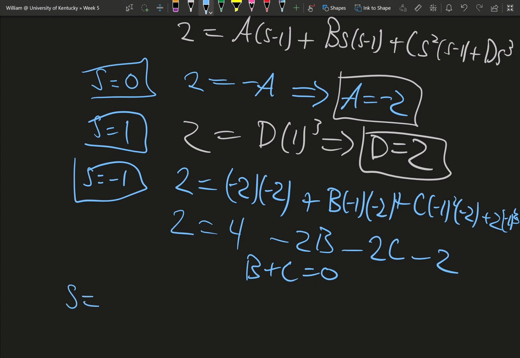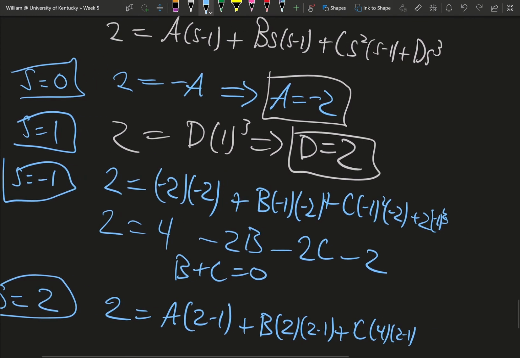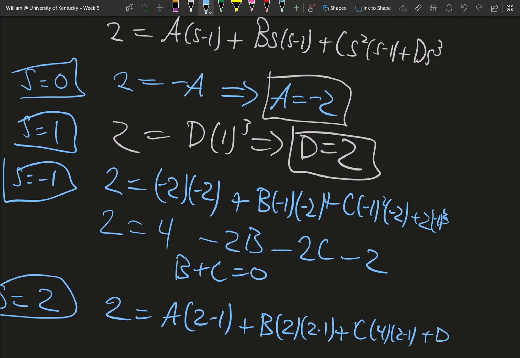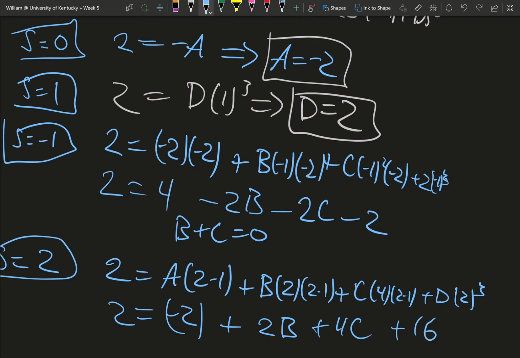And lastly, I'll plug in 2. So a is negative 2, so that's just going to be negative 2 plus 2b plus 4c, and then plus 8 times 2, so plus 16.